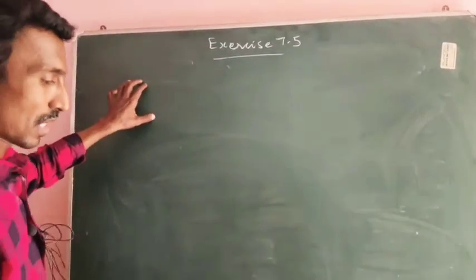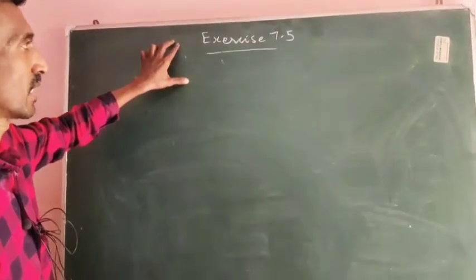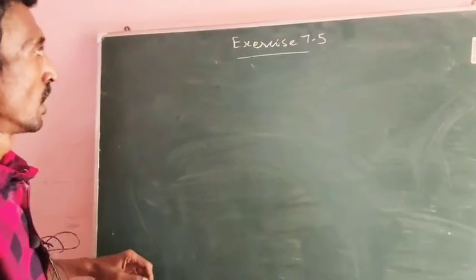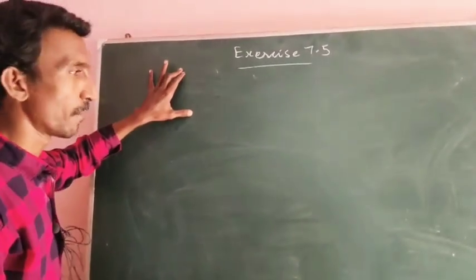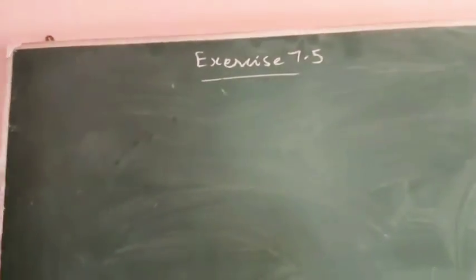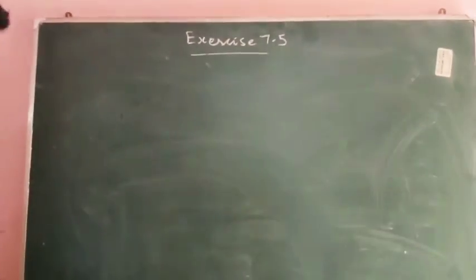So before solving the remaining questions in exercise 7.5, we have to know what the composite function theorem is. If the function is of the form f of x by g of x, we can apply L'Hopital's rule directly.